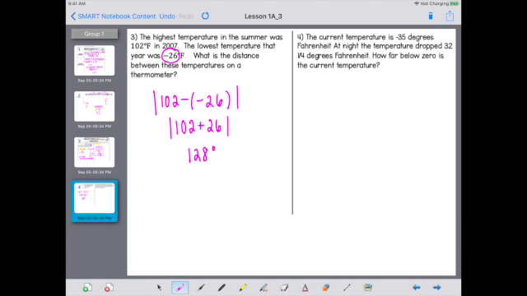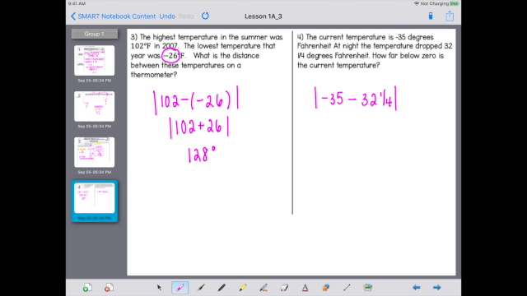So the current temperature is negative 35 degrees Fahrenheit. At night, the temperature dropped 32.25 degrees Fahrenheit. How far below 0 is the current temperature? So if we're starting at negative 35 degrees, we're dropping it another 32.25 degrees. We want to figure out how far below it is. The wording is very tricky here, so you have to be sure you're using your absolute value.